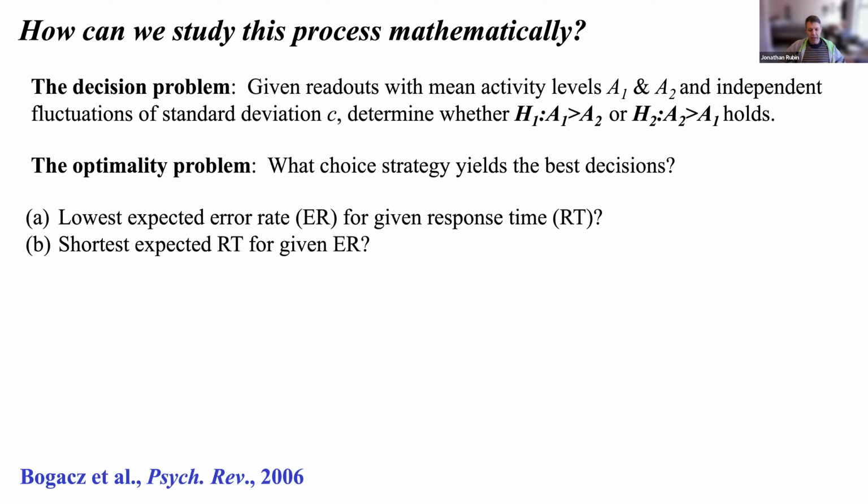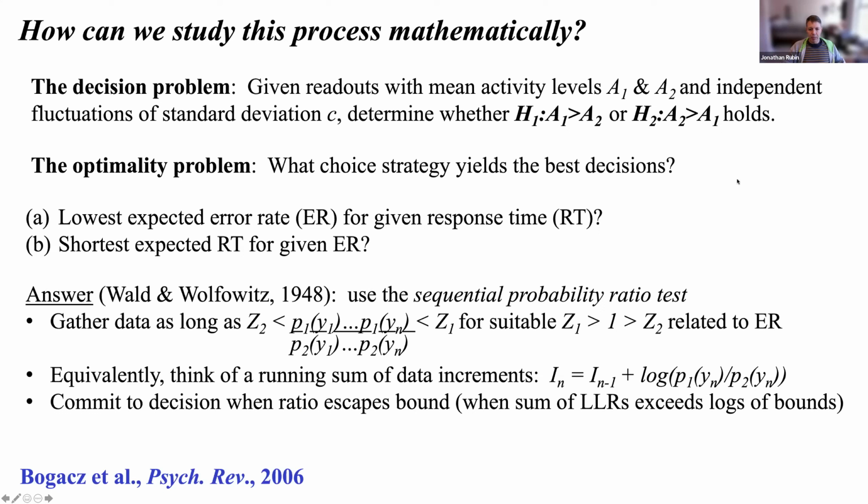Another way to look at this is to fix the acceptable error rate and figure out what response strategy would give you the shortest expected response time to achieve that error rate, over multiple trials. And this problem was already solved quite a while ago.